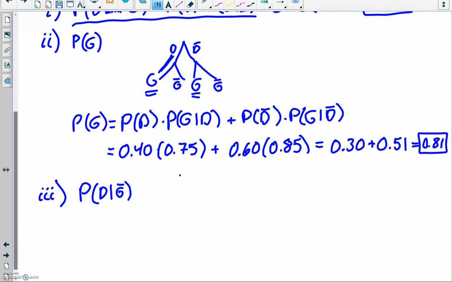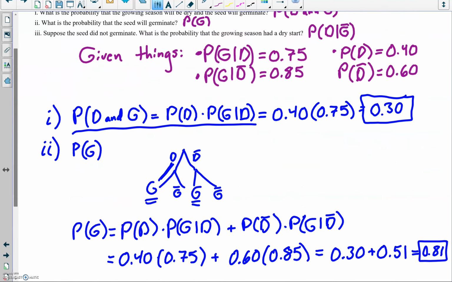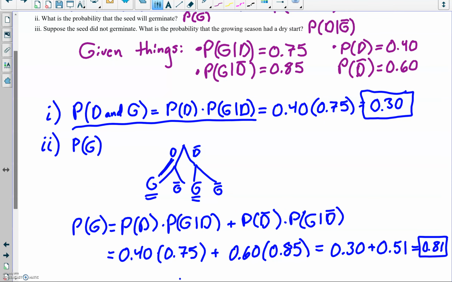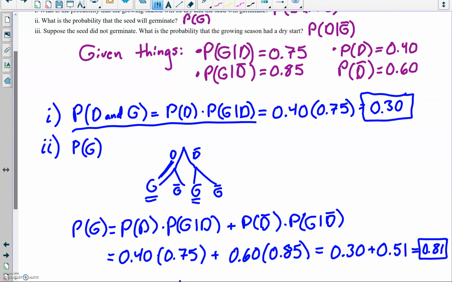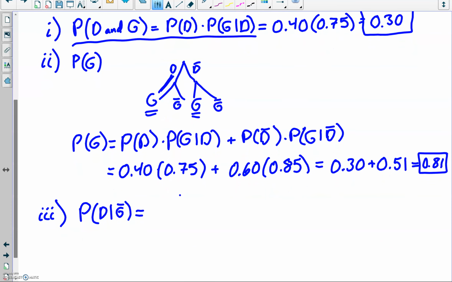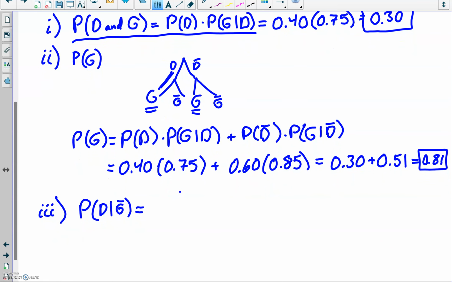And really what Bayes' formula says with this particular conditional, which I don't have any information up here about, with the condition being not germinating, I've just got a bunch of stuff when it's dry. So Bayes' formula is beautiful in that it allows you to use more of the information that you have to get some information you don't.